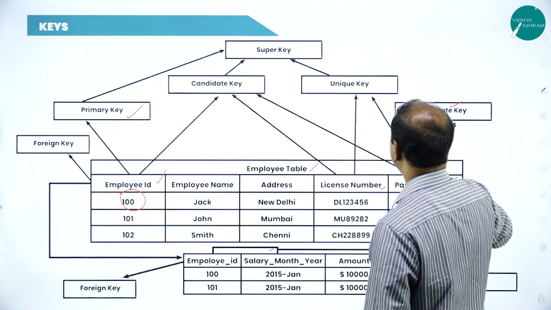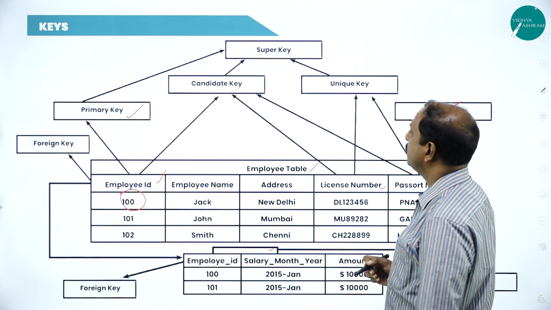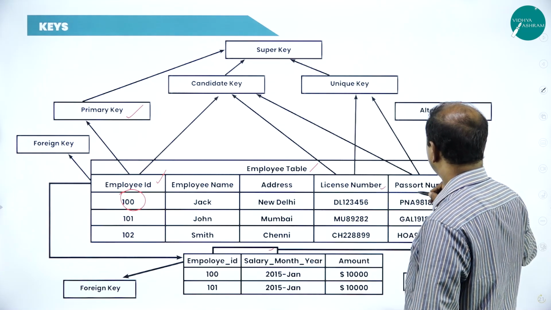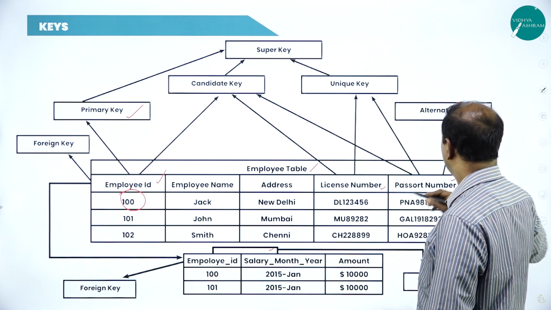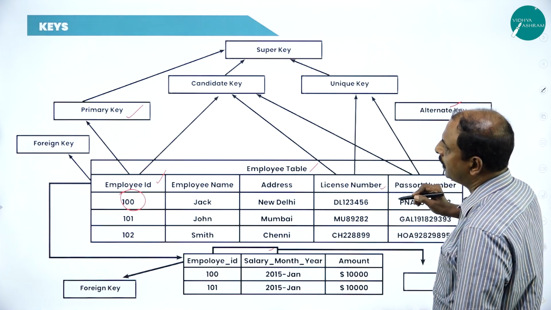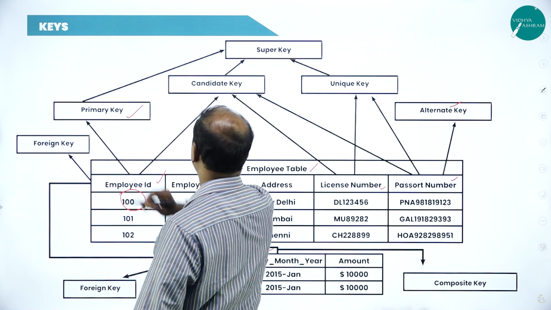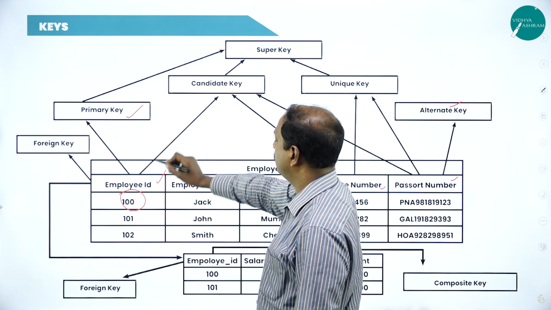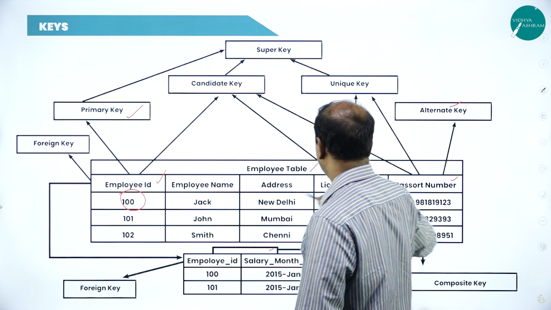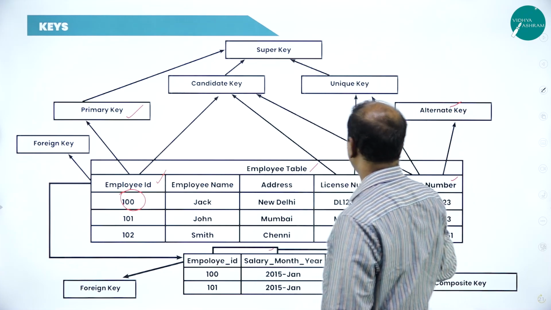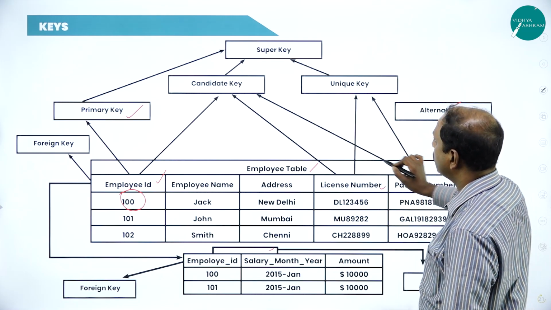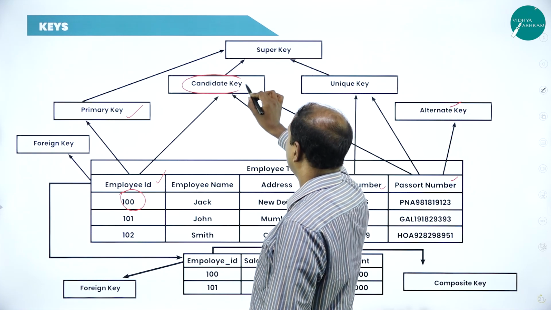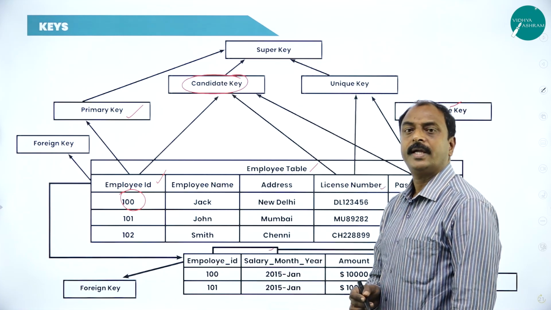Now look at another example. The next type of key is the unique key. So what is a unique key here? In a table, license number is unique in nature, passport number is unique, and the primary key, employee ID, is unique. License number and passport number, being unique in nature, are called candidate keys. This is another definition of a candidate key.